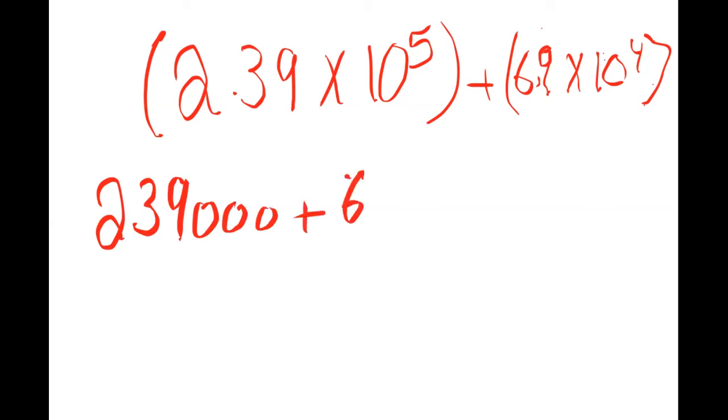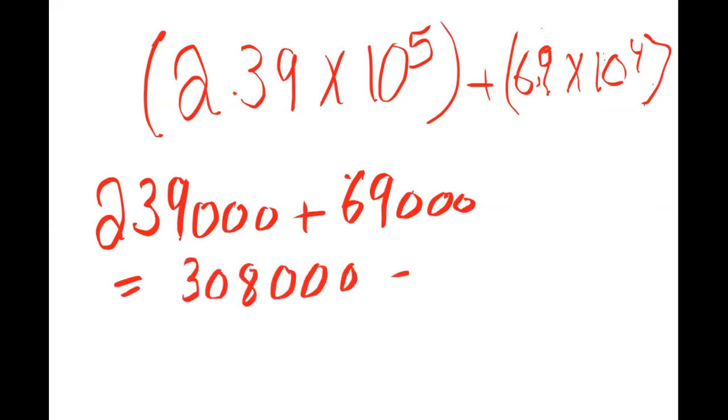Then the total after is 308 and 3 zeros, and then it will become 3.08 times 10 power of 5. Yes, thank you.